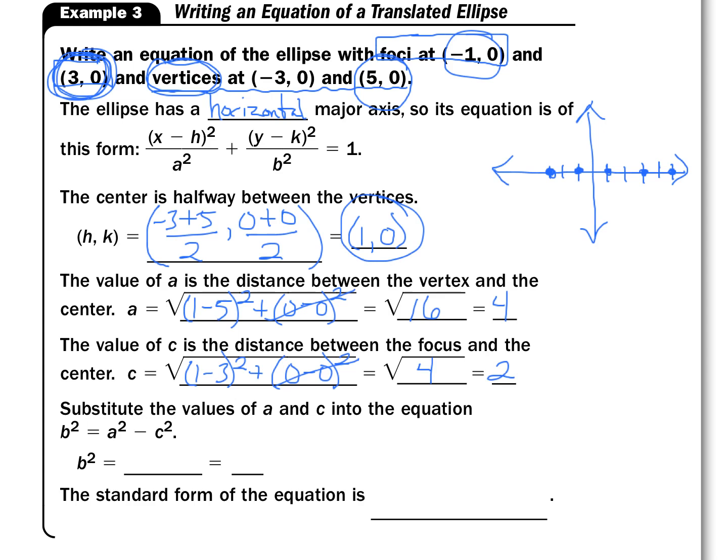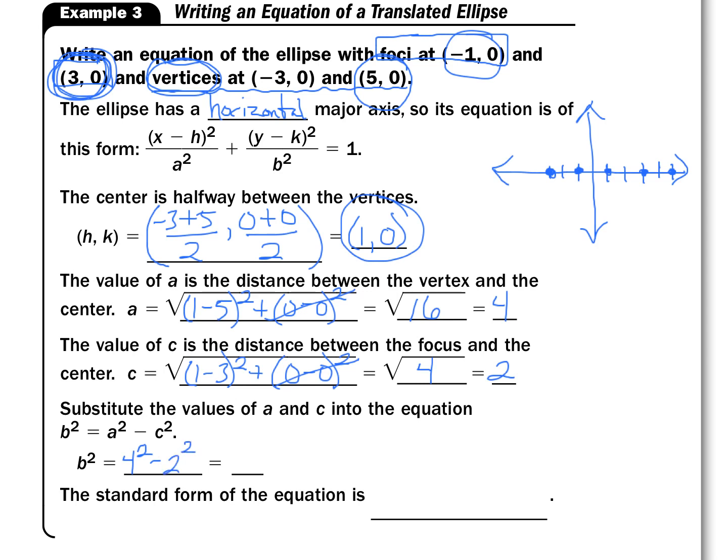Now substitute in the values to figure out what the value of b is, because for an ellipse, b squared equals a squared minus c squared. So I take my a squared, which is 4 squared, so that's going to give me 16, minus 2 squared, which is going to give me 4.